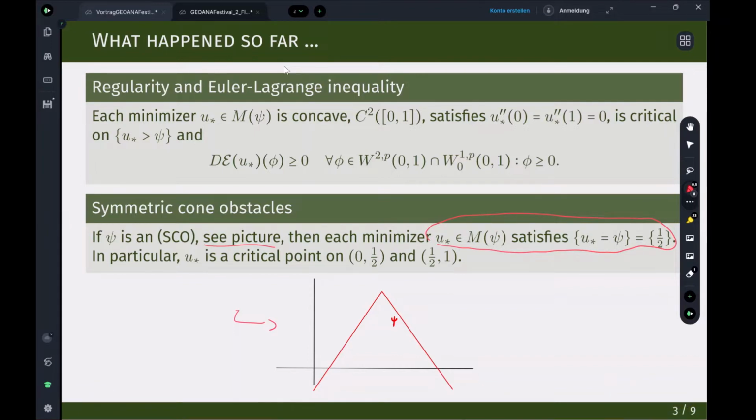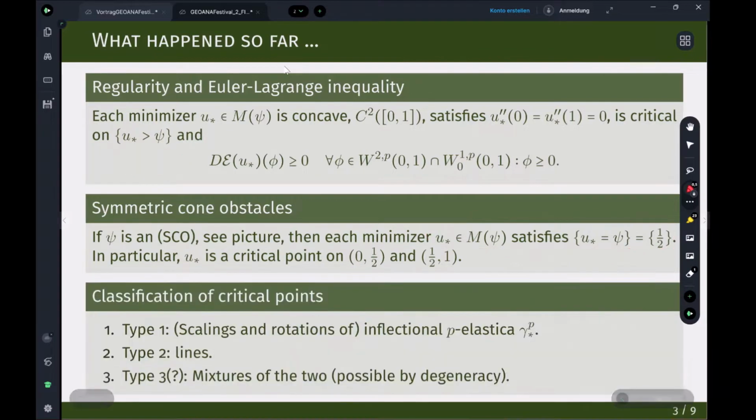In particular, this u star is a critical point everywhere except for 1/2, since the set is just 0, 1 without the point 1/2. This makes it very easy to describe minimizers, since you just have to combine two critical points, one between 0 and 1/2 and one between 1/2 and 1.